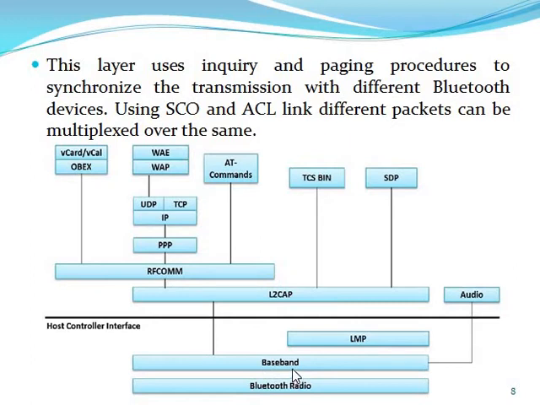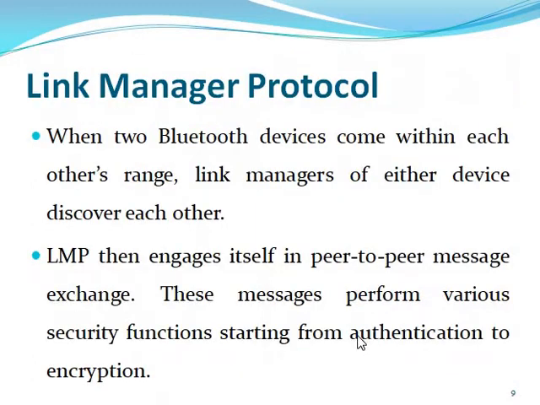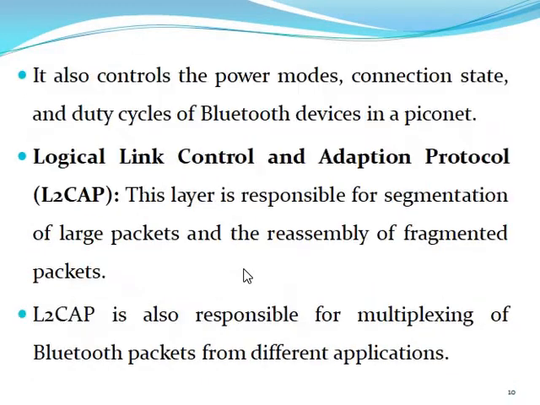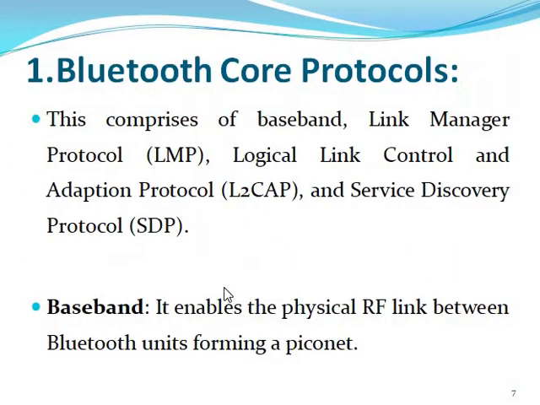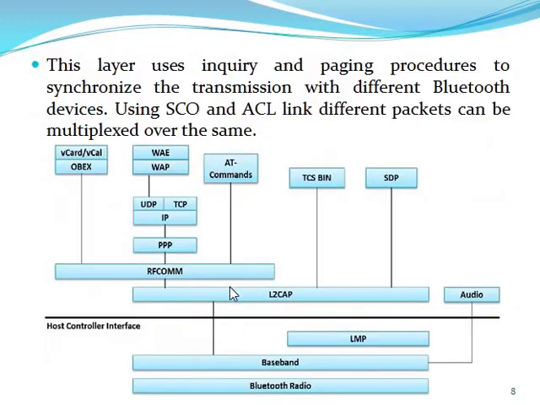Baseband is used to connect any other radio frequency directly in Bluetooth. So this is important. Also we can connect LMP, the link manager protocol, and the logical link control and adaptation protocol. So these connect directly to the Bluetooth core protocol.